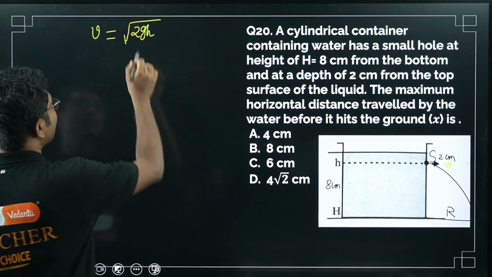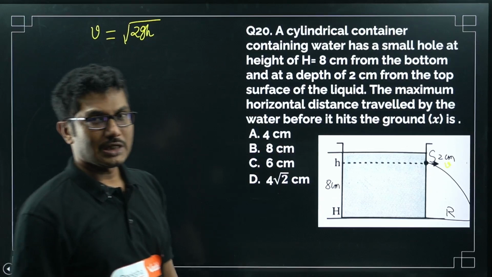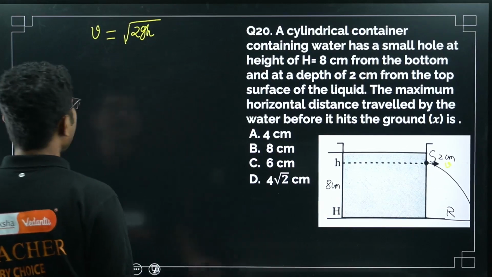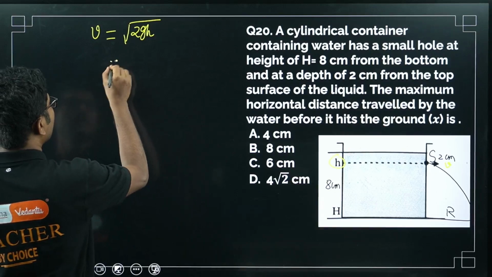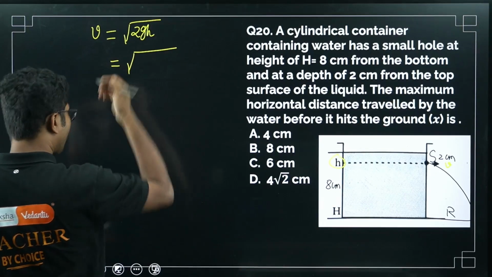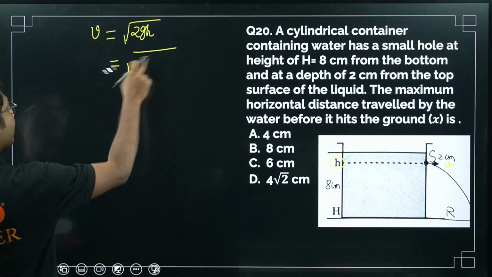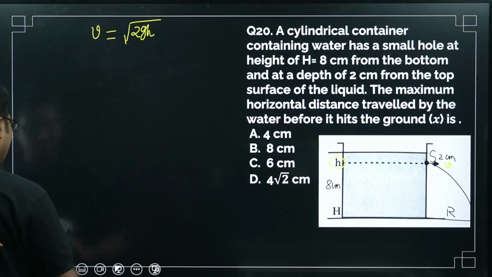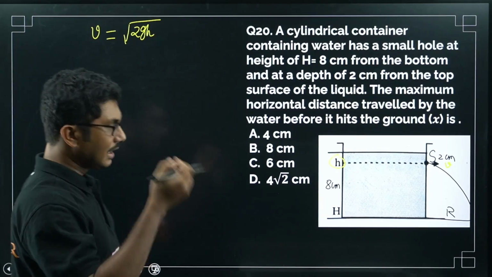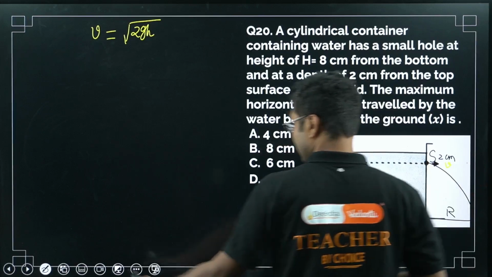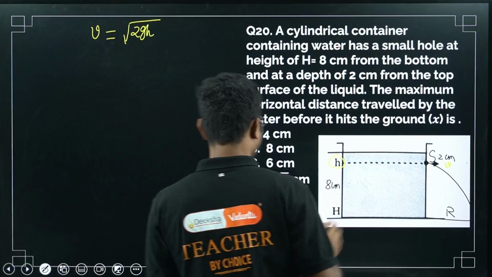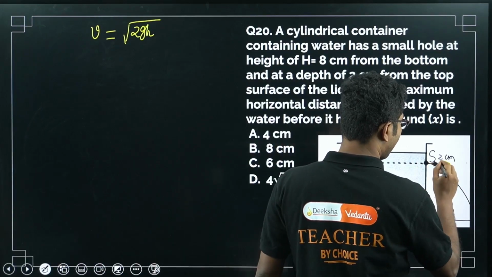The only thing we need to consider is the square root of 2gh. Now here this h is measured from the top. Okay, this is the velocity of the outgoing liquid, and it is in the horizontal direction.